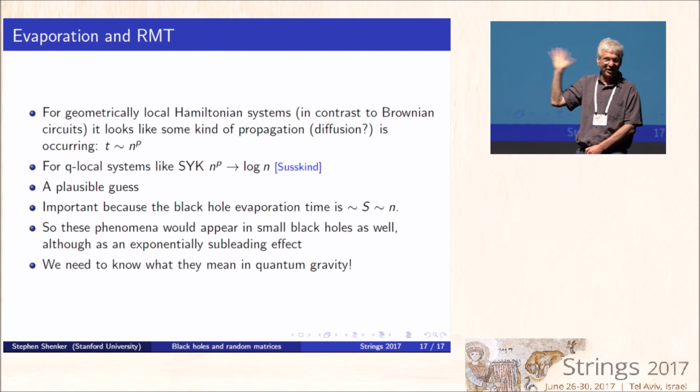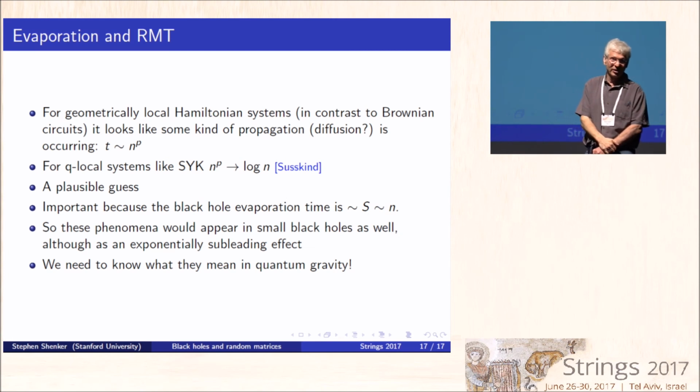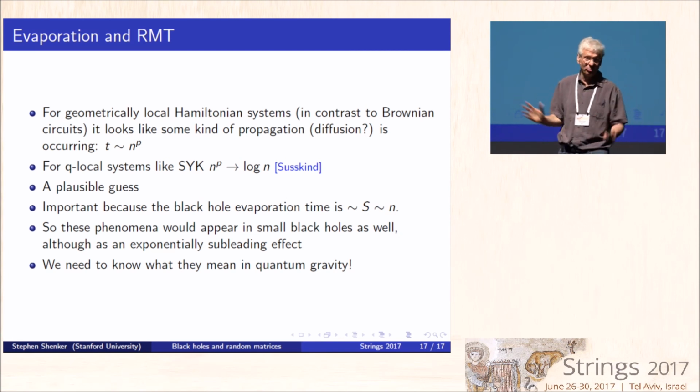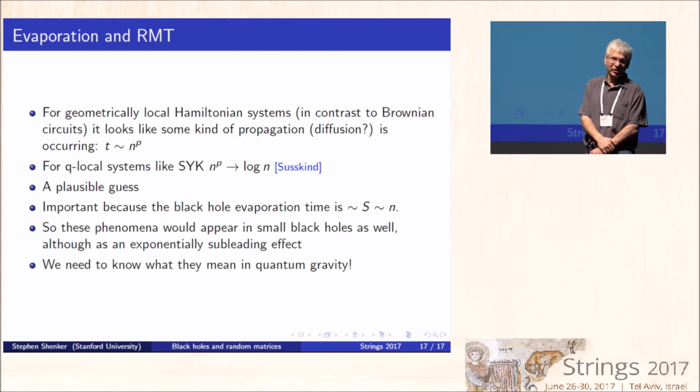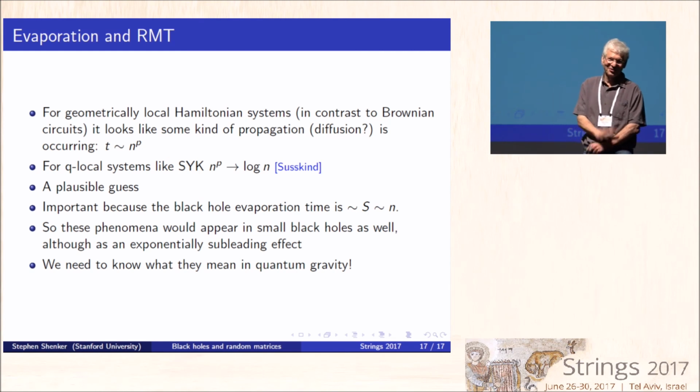So there are certain indications that a simple saddle point description, a new saddle point, is not enough to describe these phenomena. But it could be a large collection of saddle points or something like that. We don't know, and that's one of the obvious things to look for. This e to the n is a little more upsetting in terms of saddle points. And, well, I think that's all I have to say about that, unfortunately.